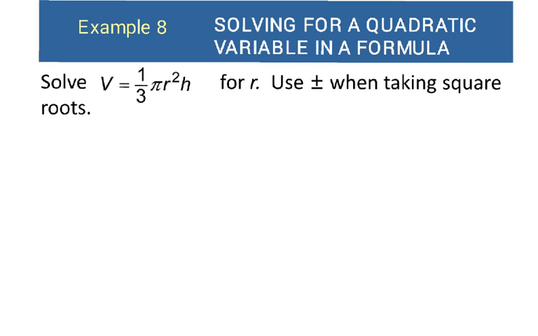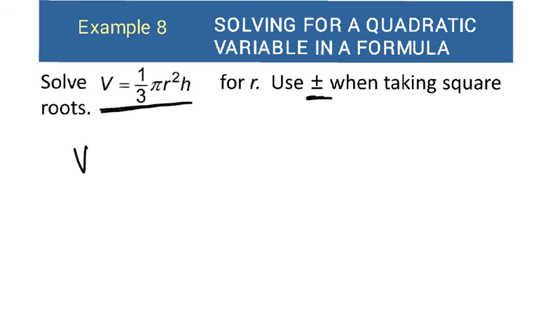What we're asked to do is solve for a specific variable, here r. You see that r is squared in our formula, so we're going to have to take the square root of both sides of the equation eventually. When we do that, here's a hint: we must use that plus and minus value that we've been told to use.